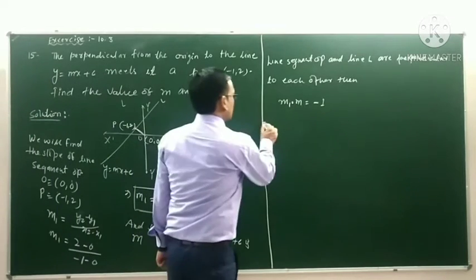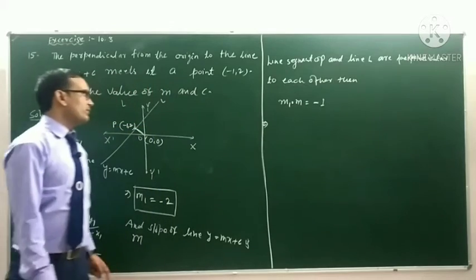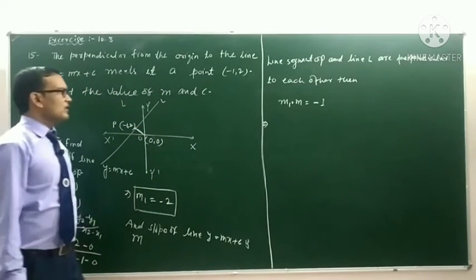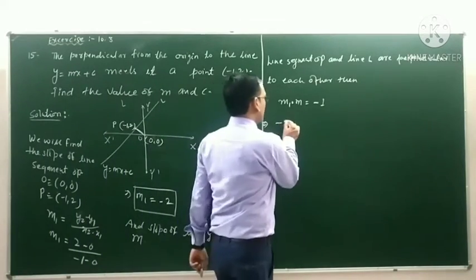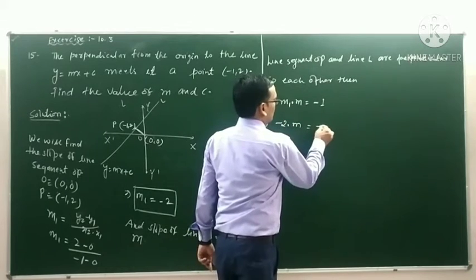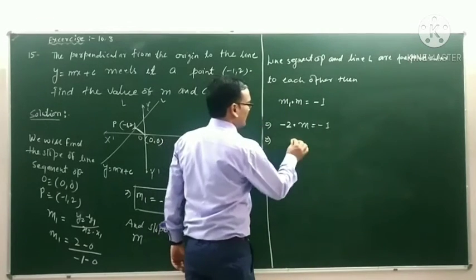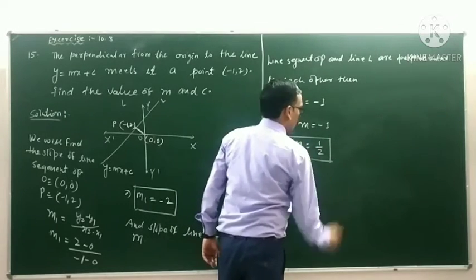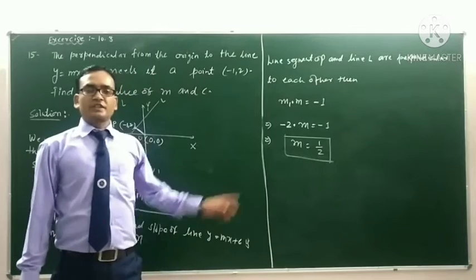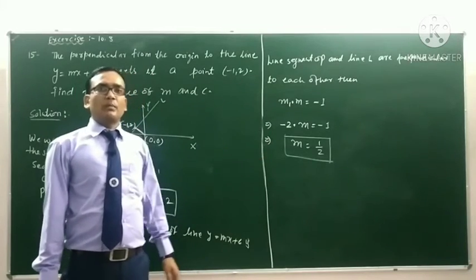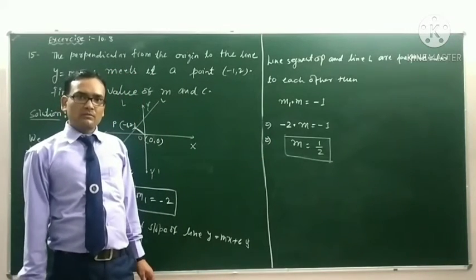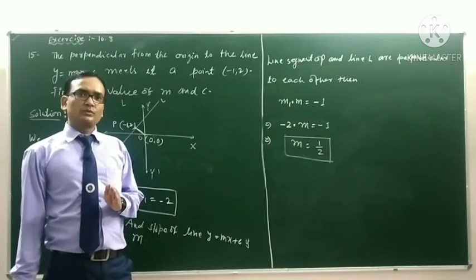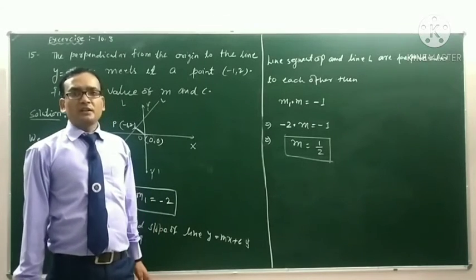So what is the value of m? m1 is minus 2, multiplied by m, is equal to minus 1. This implies that m equal to 1 by 2, which is your first answer. The value of m is equal to 1 by 2.